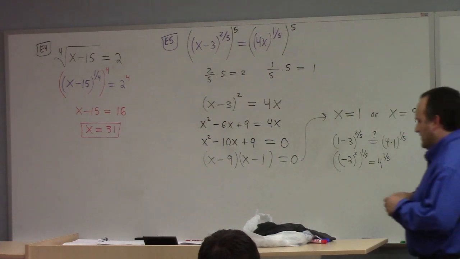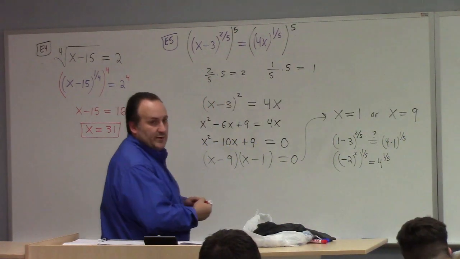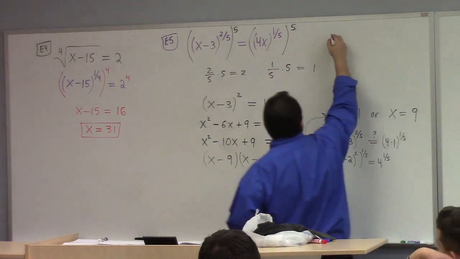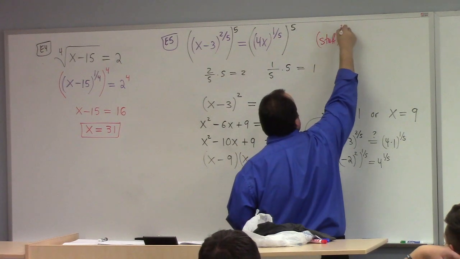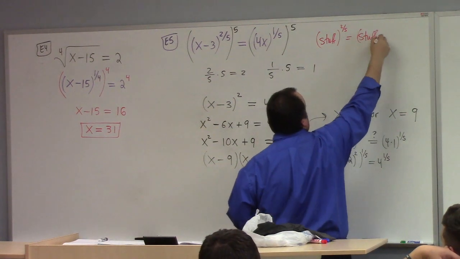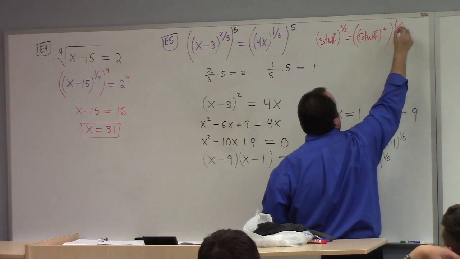Let me explain to you guys what I just did. When I'm faced with the 2/5 power, one way to think about it is, if I have stuff to the 2/5, I can think about that as stuff squared all to the 1/5 power.